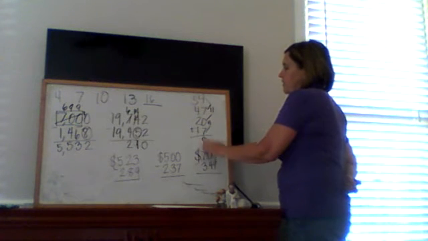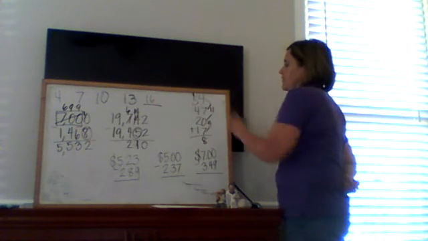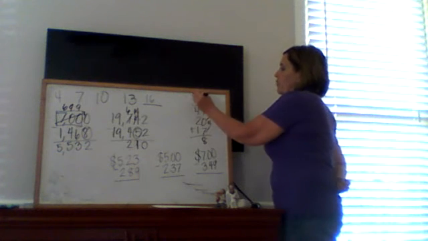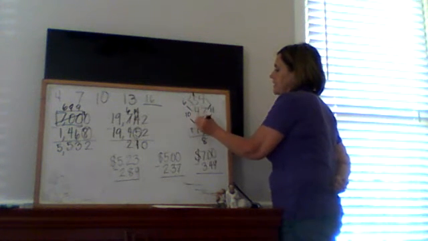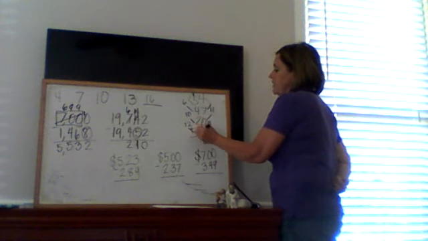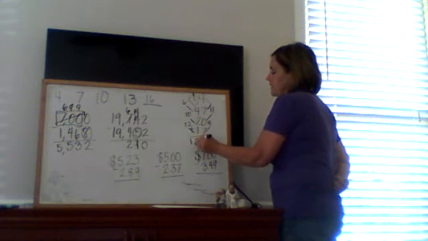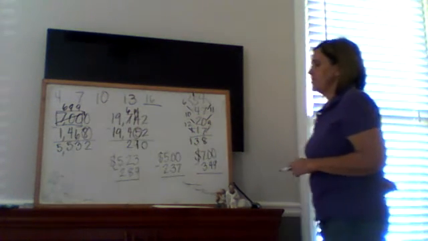I keep the 8 ones. I regroup the 10. 1 plus 5 is 6. 6 plus 4 is 10. 10 plus 2 is 12. 12 plus 1 is 13. So the answer is 138.